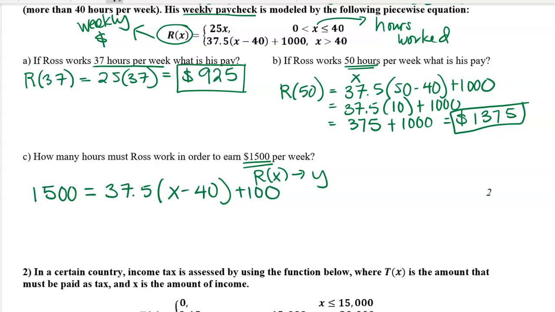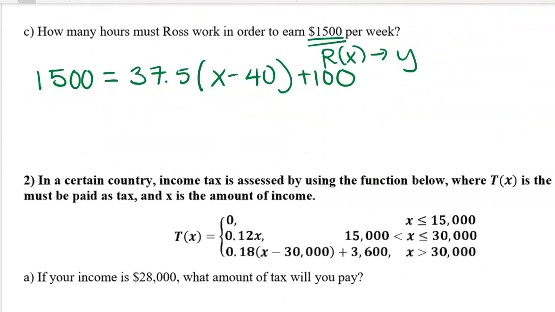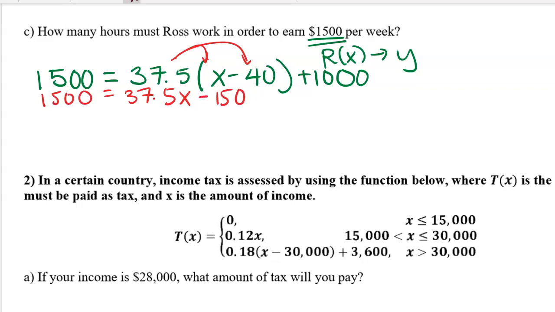All right, Calvin, help us out. What's the first step? You plug it in. Oh, wait. We did. We plugged it in. You do 37.5 times x. Distribute? Yeah. Okay, so that will give us 37.5x, and then what's 40 times 37.5? 1,500.